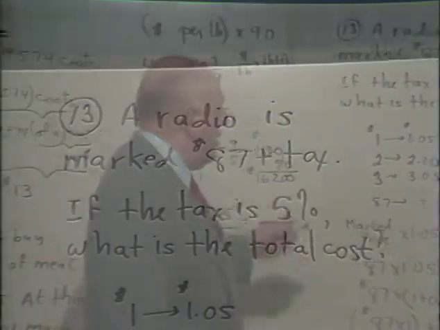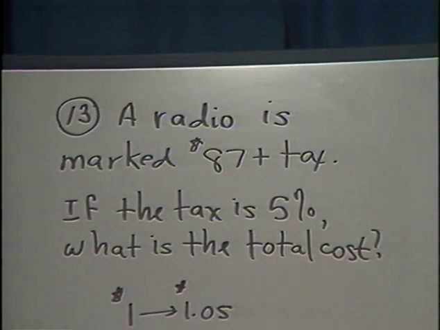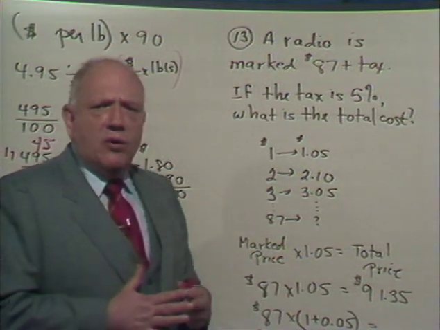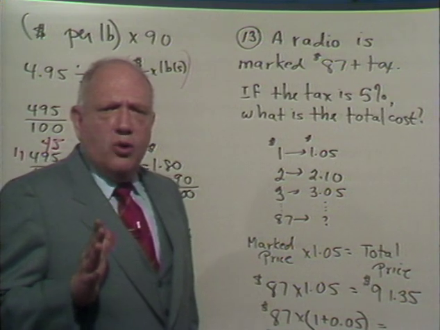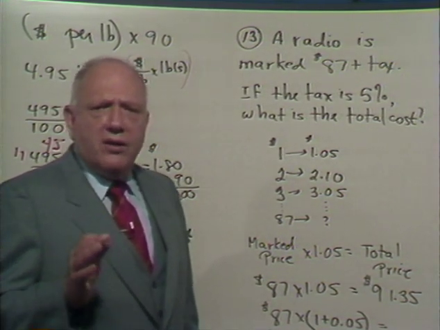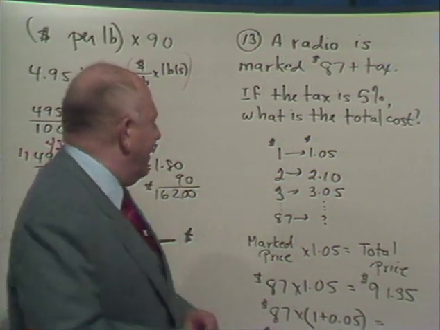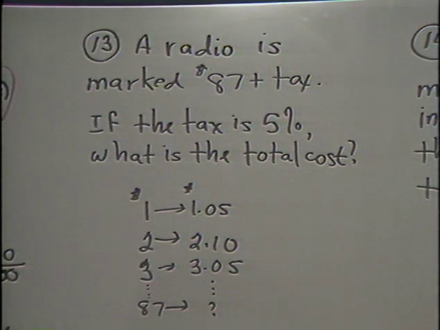Another problem. A radio is marked $87 plus tax. If the tax is 5%, what is the total cost? And here, I want to get away from the dimensional analysis and show you how, if you're frightened by words like tax and tax included, don't be afraid to go back to Module 1 and count like a baby. To say that the tax is 5% means 5 cents on the dollar.